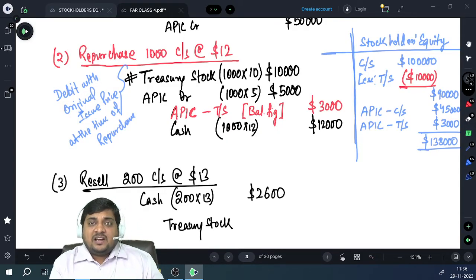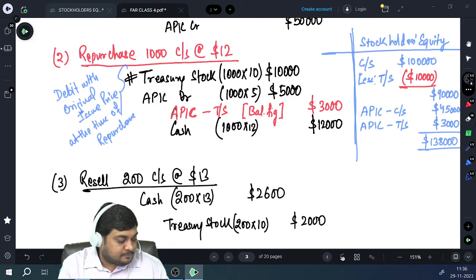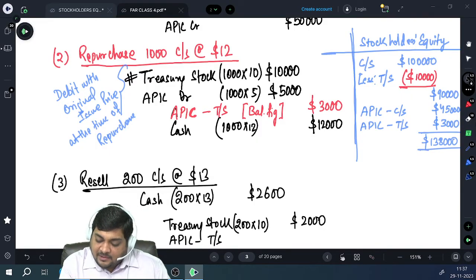Treasury stock was debited with par value, so we are going to credit it with par value. Additional paid in capital treasury stock: compare with par value. Forget about cost.